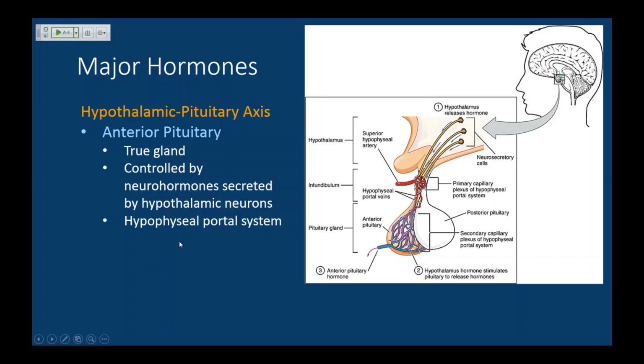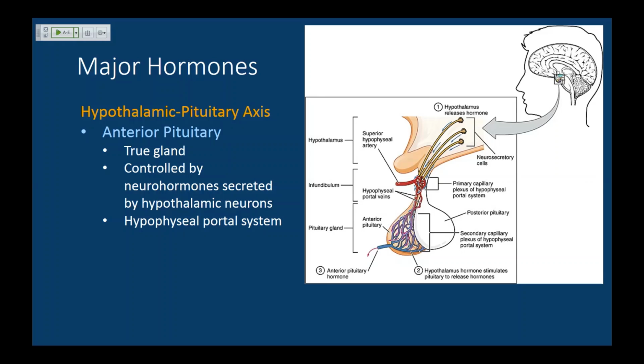So, the hypophyseal portal system. The neurons from the hypothalamus will secrete their hormones into one capillary bed. This capillary bed will travel in hypophyseal portal veins to a second capillary bed in the anterior pituitary. And there is a very important reason for this. Most hormones are secreted systemically, so they have high levels everywhere across the body.